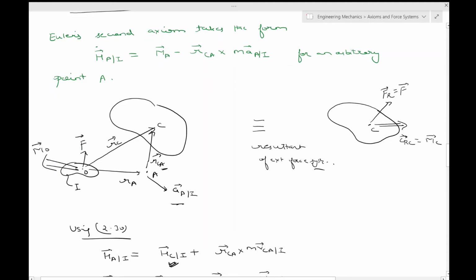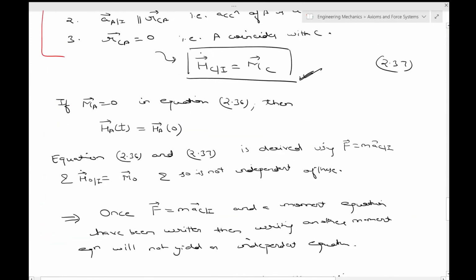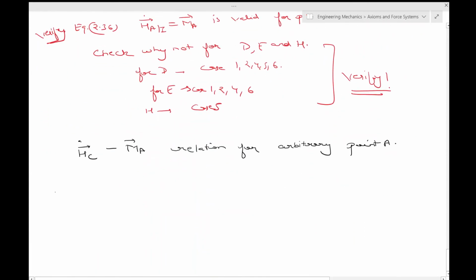Okay, so the couple is shown as equal to M C. Now F R is equal to F, which is equal to m a C of I, and the couple is equal to M C, which is equal to H dot C. Okay, this is something which we have already shown above. That's why we are able to write this equality like this.